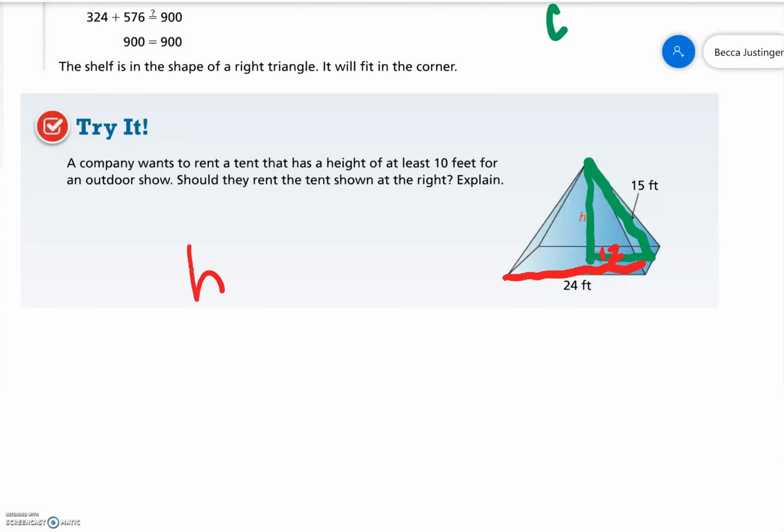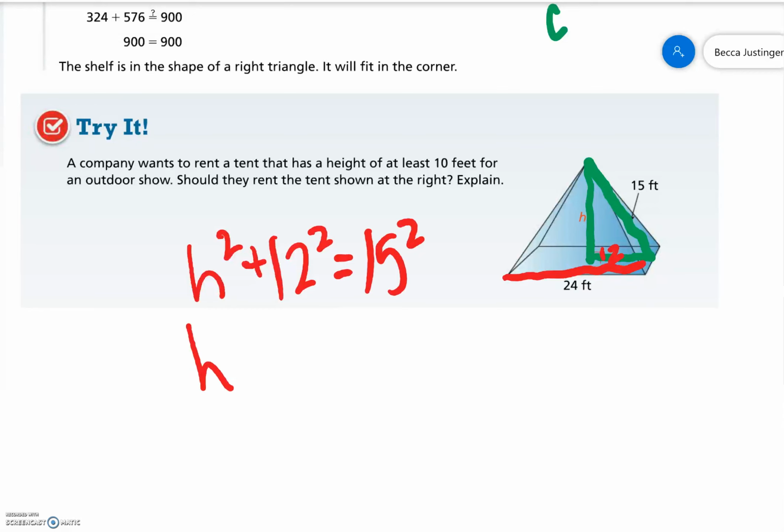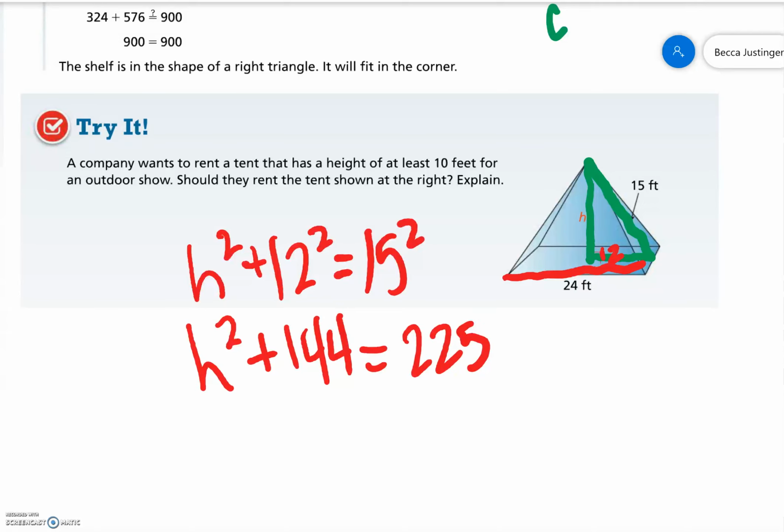So we got h squared plus 12 squared equals 15 squared. 12 squared is 144. 15 squared is 225. Trying to solve for h, I've got to get rid of the squared and got to get rid of the 144. So I'm going to subtract 144 from both sides.